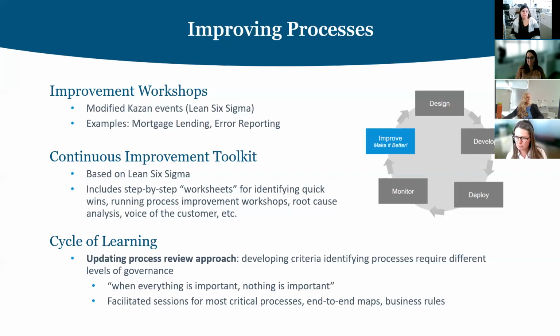So for mortgage lending, that's taking it all the way from sales and through the relationship management, the issuing of the loan. Previously, we had sales had their process, processing had their process, underwriting had their process, etc. And so we've strung those together. And then we did that workshop.